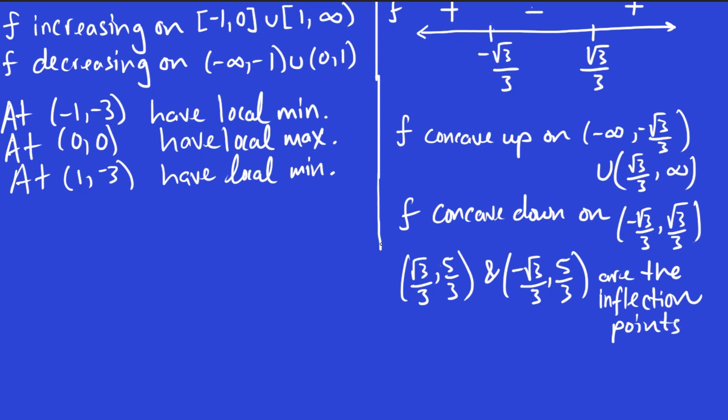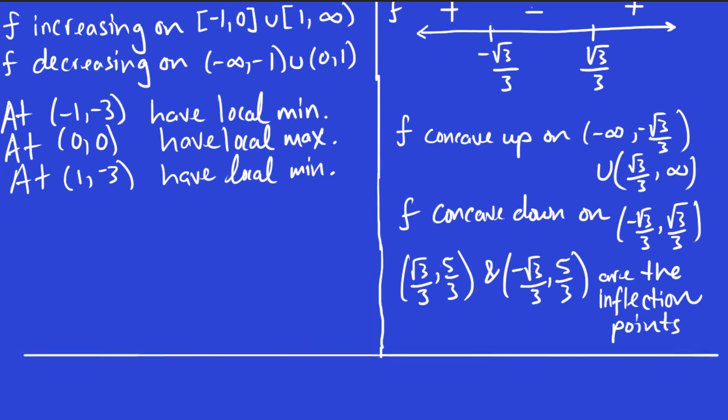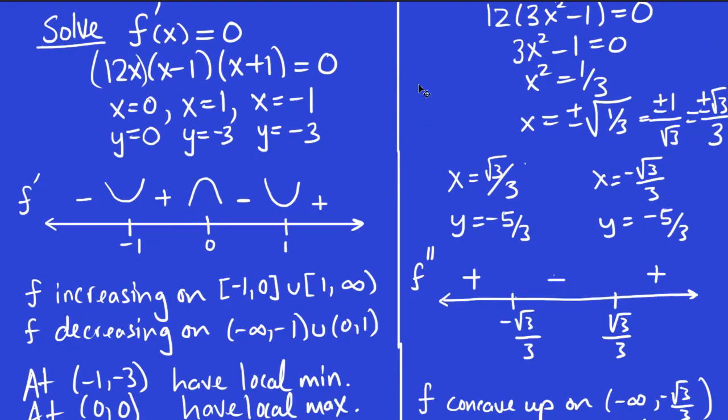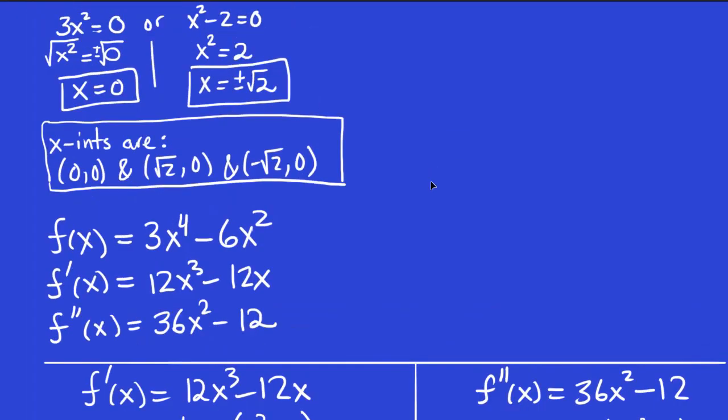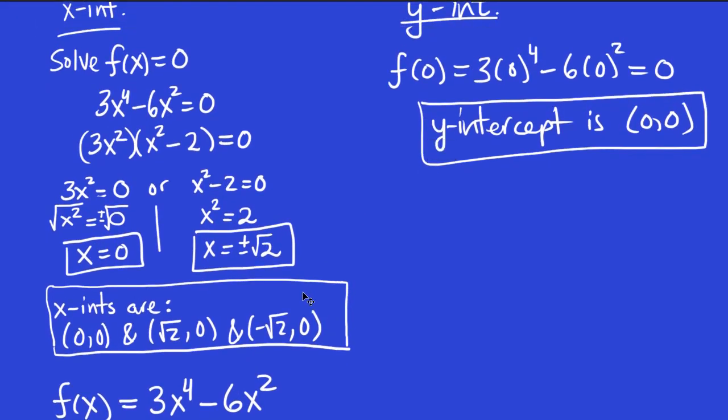And now we actually have enough information to draw the graph. So let's start. Maybe I'll get a new sheet here. So we have to kind of summarize all this information, right? Why don't we start with our intercepts here?